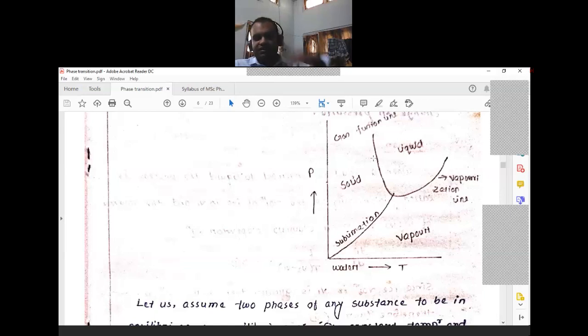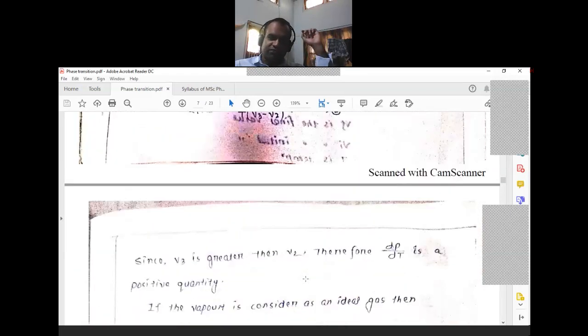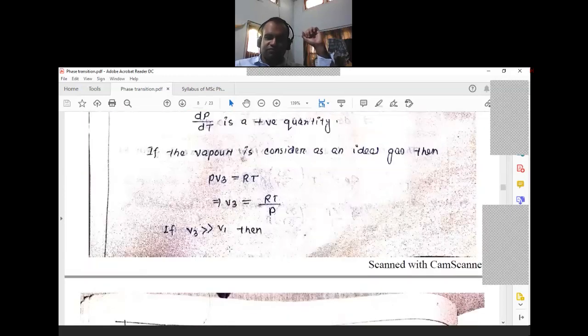So from equation 3, dp over dt is a positive quantity.